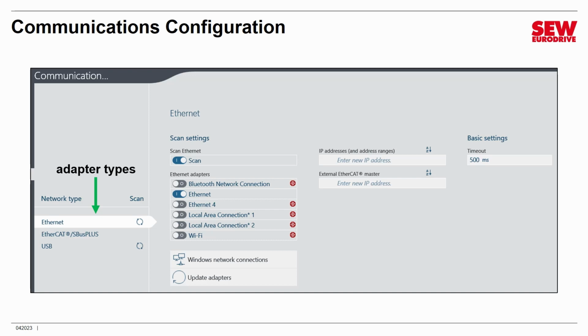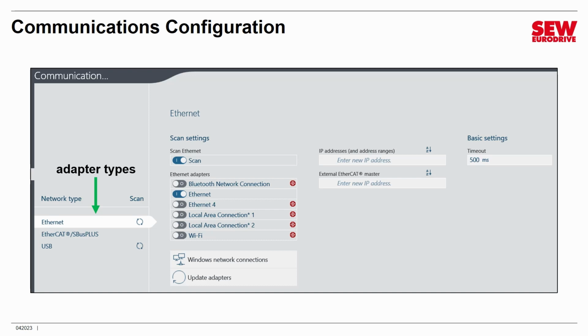For example, if you want to connect by Ethernet, you would pick Ethernet. If you want to connect by the EtherCAT S-Bus Plus connection, you would pick EtherCAT/S-Bus Plus. And if you're using one of the USB methods, either a cable to the keypad or the USM21A adapter, you would pick USB. So first thing you do, choose an adapter.